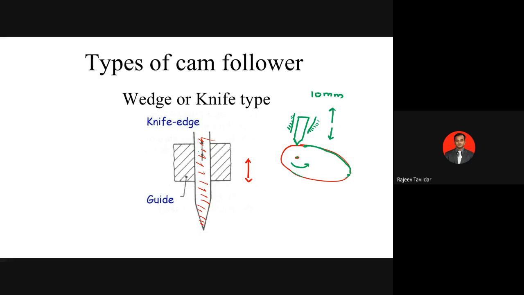As and when you go on using this for a longer period of time, the sharp edge at the tip of this particular follower will get worn out and it will become blunt. The moment it becomes blunt, the maximum lift, which was earlier 10 mm, might get to 9.5 mm because 0.5 mm has been worn out at the sharp tip.